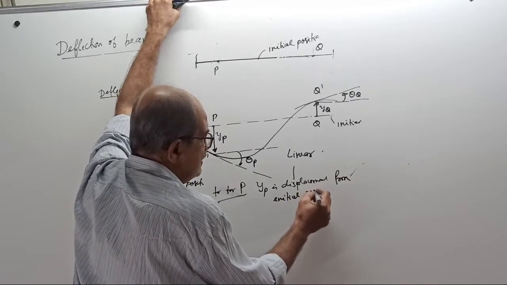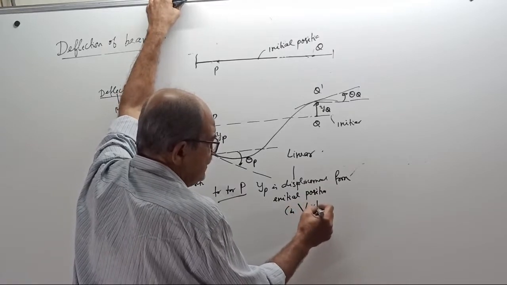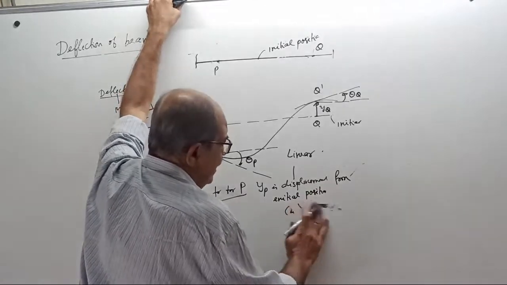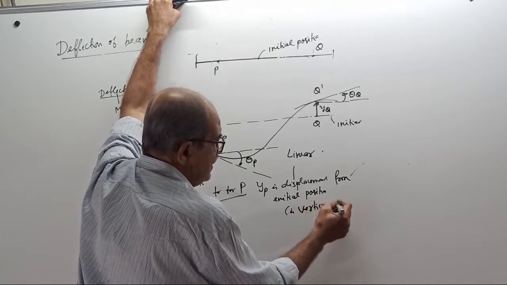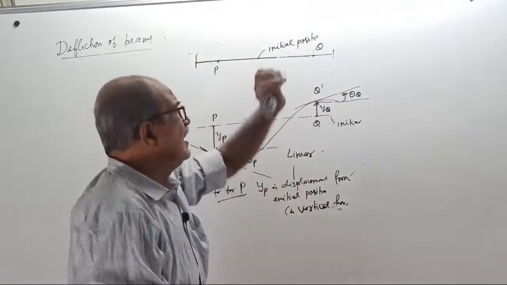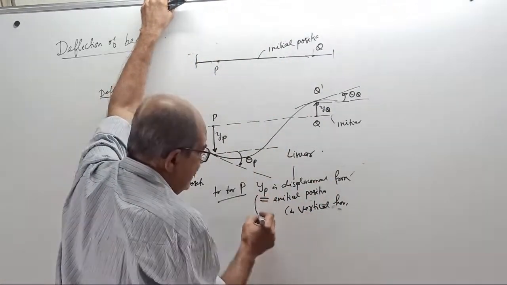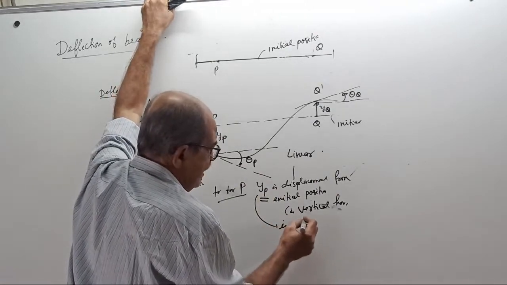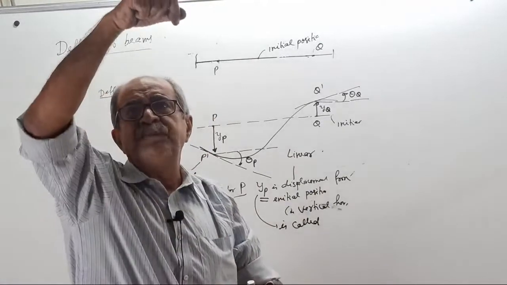It is vertical for horizontal beams. Suppose if a column is there, it will be horizontal. See, the yP is horizontal then. And this yP is called what, tell me? How much the point will move.